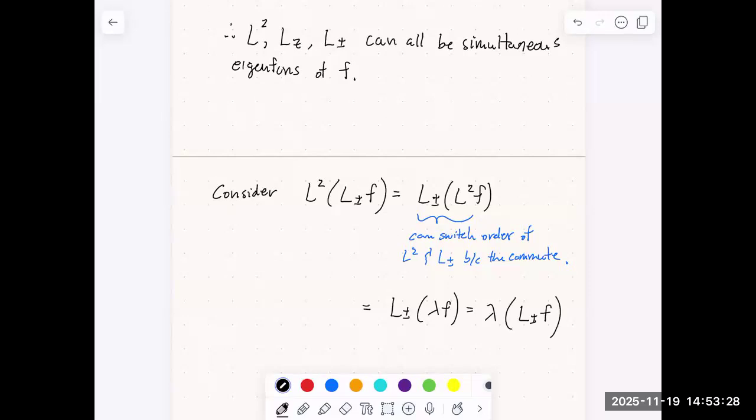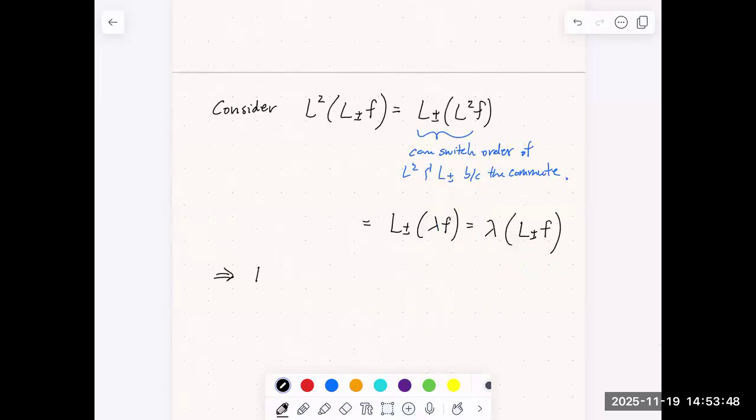So if we compare this to this, L plus minus f is also an eigenfunction of L squared, and it has eigenvalue lambda, the same eigenvalue as L squared has when it acts on f.